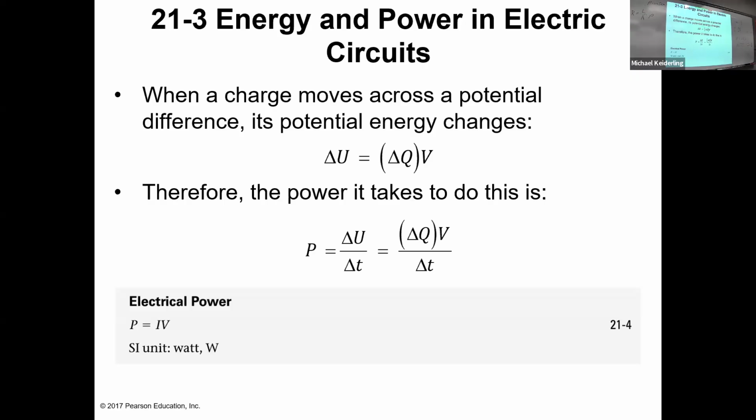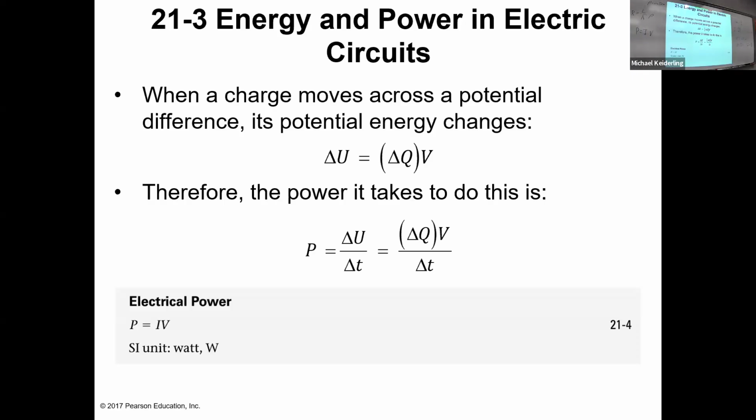Therefore, the power it takes to do this is the change in potential energy over the time, which is delta Q times V over delta T. But as we discussed, current is delta Q over delta T. So electrical power, which has units of watts, is current times voltage.